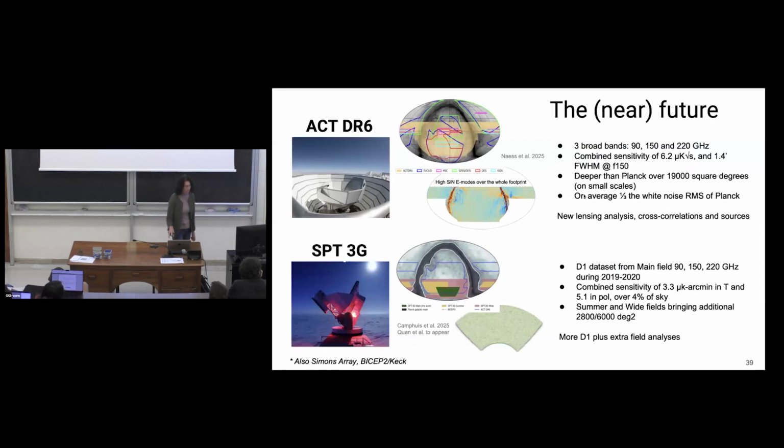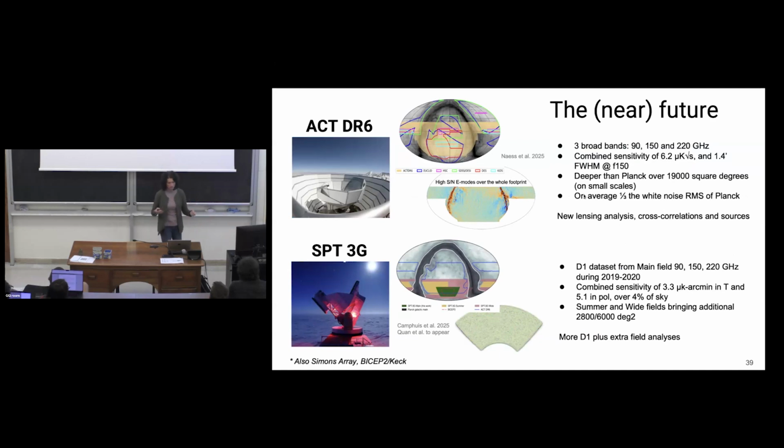Okay, so just moving on a little bit into the future. If you're working with CMB observations right now, and you need to plug anything into one of your cosmological analyses, what you will be using for the next year or two are going to be the latest observations from ACT and the latest observations from the South Pole Telescope, which recently released the new data set from their main field, and there will be more to come from them as well.